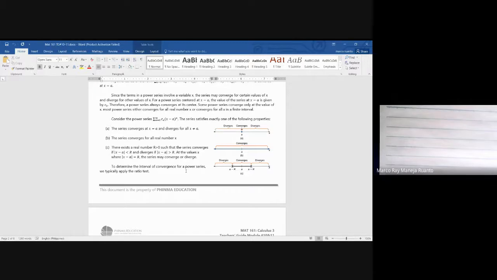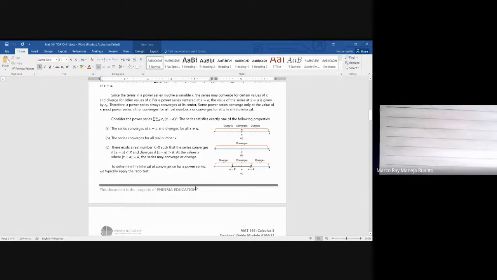Okay, that r is what we call the radius of convergence, and the interval absolute value of x minus a less than r is what we call the interval of convergence. Okay.